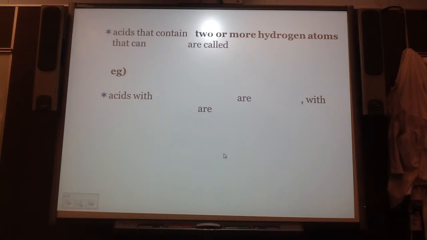Acids that contain two or more hydrogen atoms that can ionize are called, what do you think? Yes.